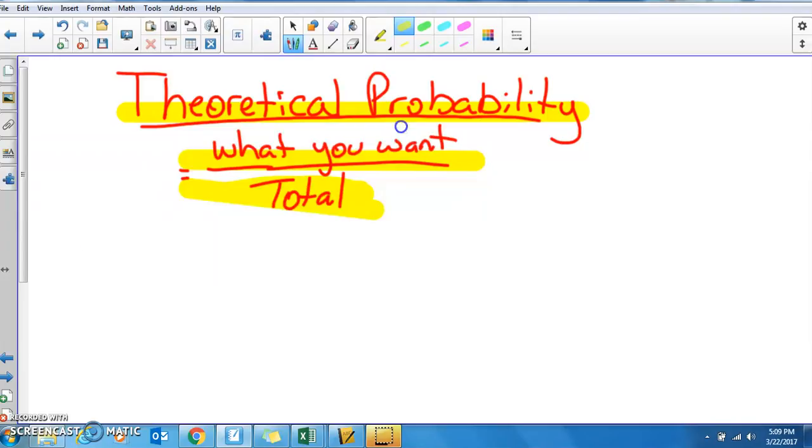So I'm going to give you another example. So let's say we're rolling a dice, and I want to know the probability of rolling the dice and getting a number less than 6.